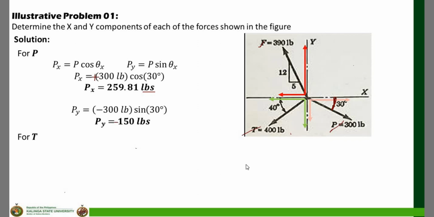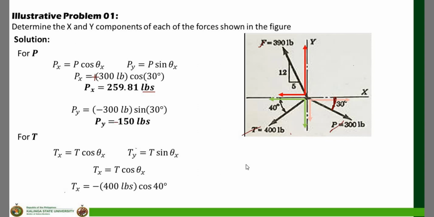Okay? Let's solve for force T. Force T is 400 pounds, and again we are given its angle of inclination from the x-axis, which is 40 degrees. To solve for Tx and Ty, I will use acute angles. These are my working equations. I'll start with Tx. The value of T is 400 and theta x is 40 degrees.